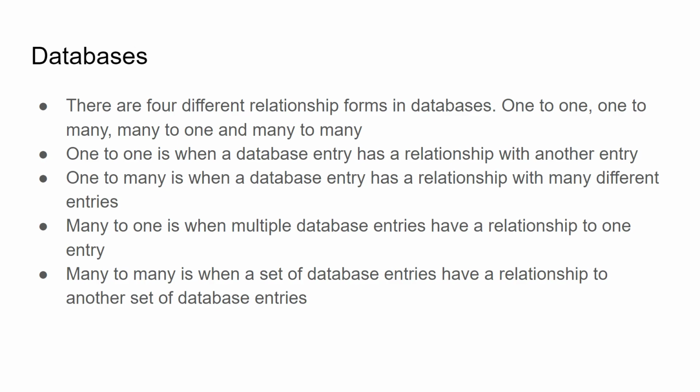One-to-many is when a database entry has a relationship with many different entries. Many-to-one is when multiple database entries have a relationship to one entry. And lastly, many-to-many is when a set of database entries have a relationship to another set of database entries.